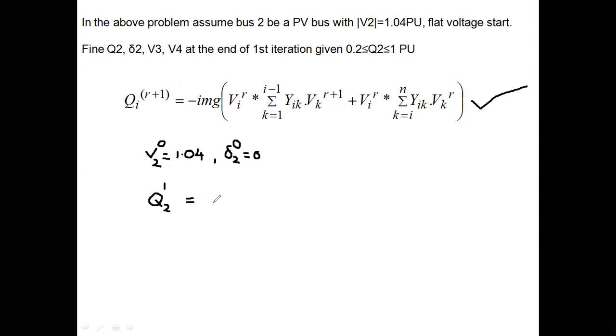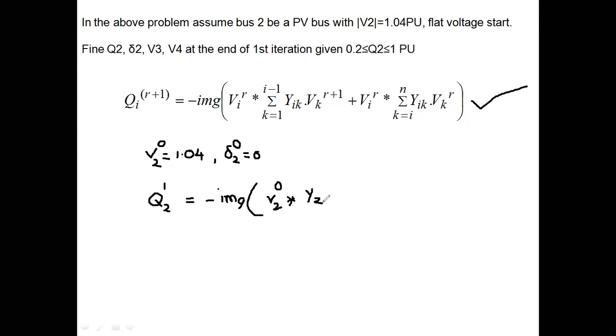Now Q2^1 is equal to minus the imaginary part of V2^0 multiplied by the sum, where i is equal to 2 and r is equal to 0. Now you need not use the summation, because already i is equal to 2, and 2 minus 1 means obviously you will have 1.